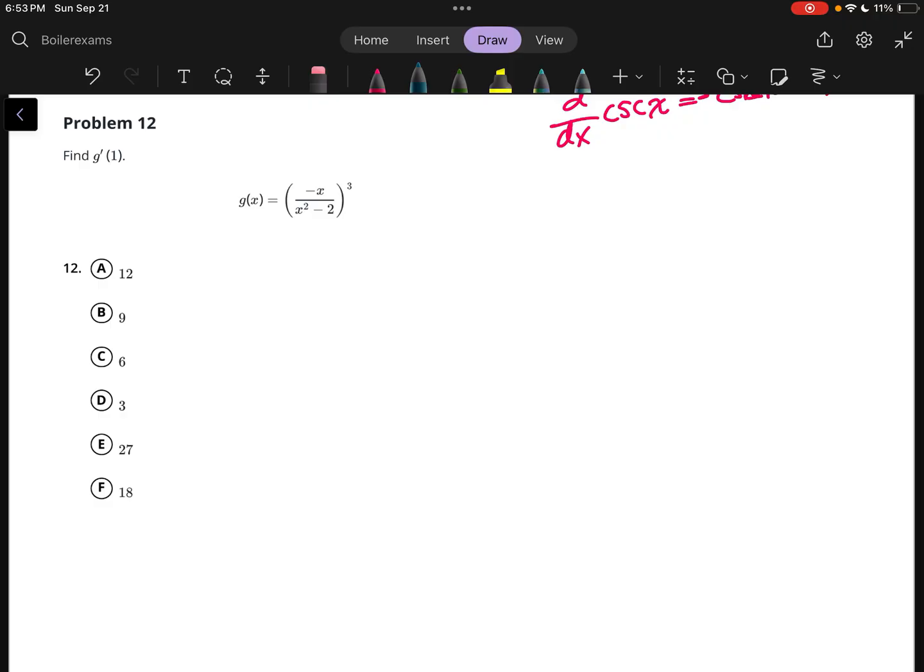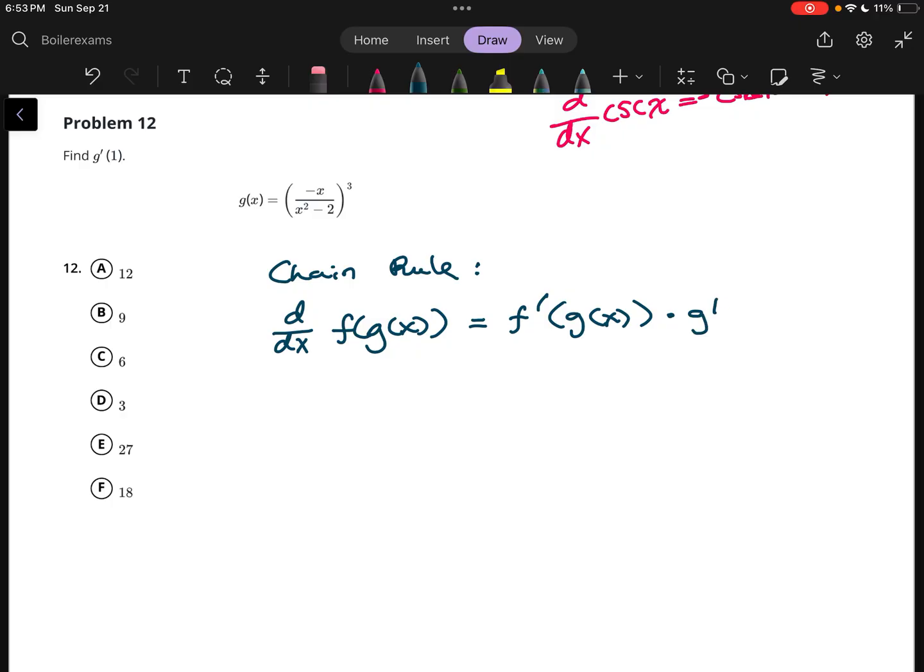When we have something like that, we use the chain rule, which states that the derivative of f of g of x is equal to f prime of g of x times g prime of x.